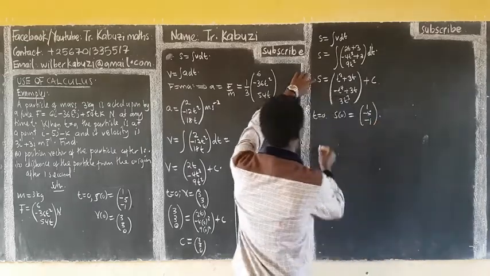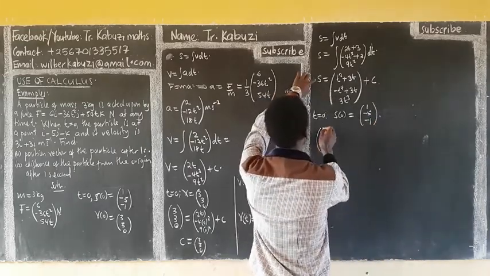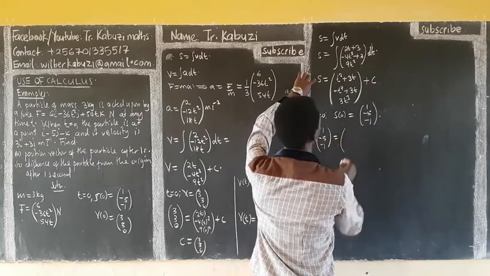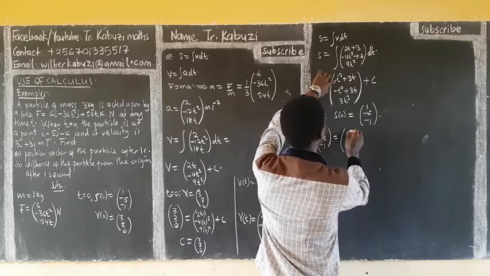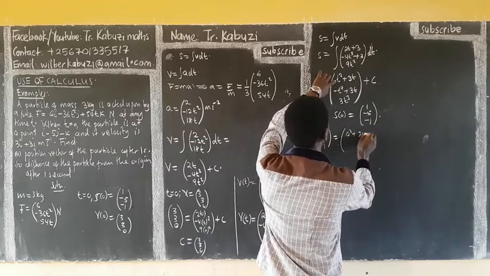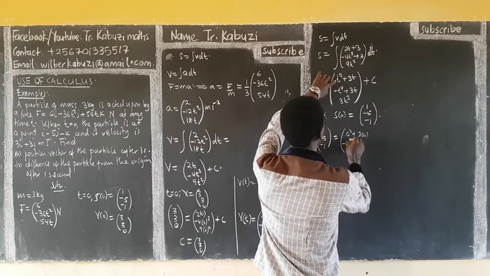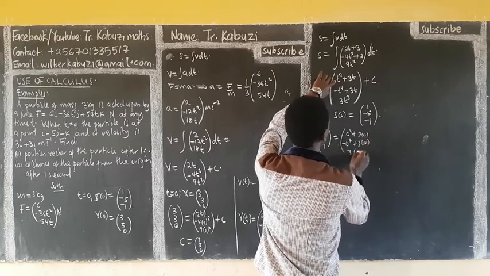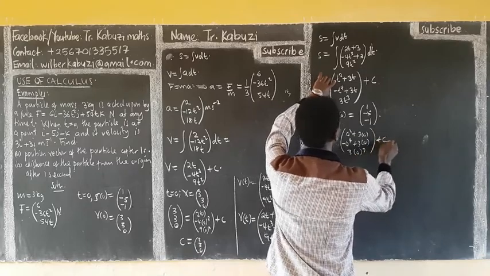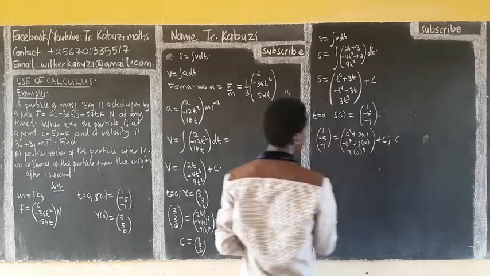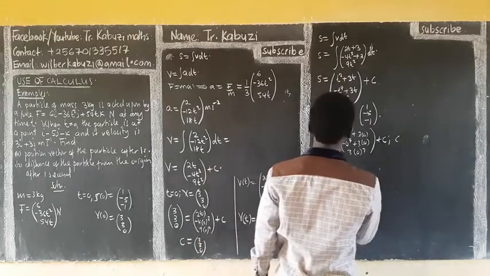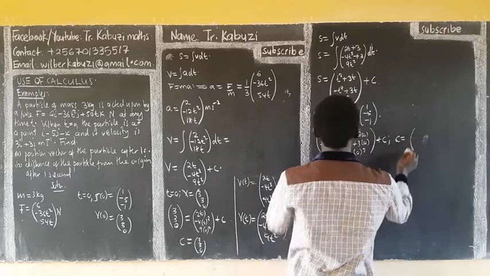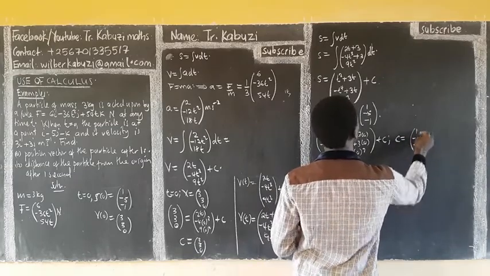So 1, negative 5, negative 1 equals 0 squared plus 3 into 0, negative 0 to the power 4 plus 3 into 0, then 3 into 0 cubed, then plus c. So my c is going to be 1, negative 5, negative 1.